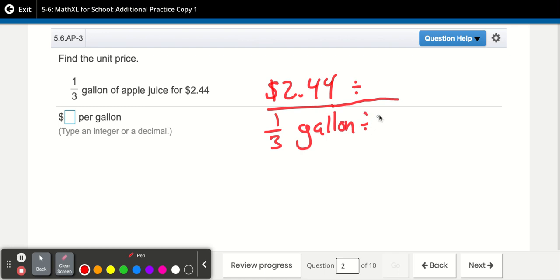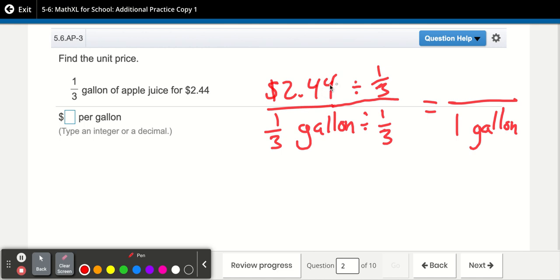So we need to divide the top and the bottom by 1/3, because 1/3 divided by 1/3 will be 1, and that's what we want for a unit price: 1 in the denominator. In this case, it'd be 1 gallon. Gallon is our unit. And up top, we're also dividing by 1/3.